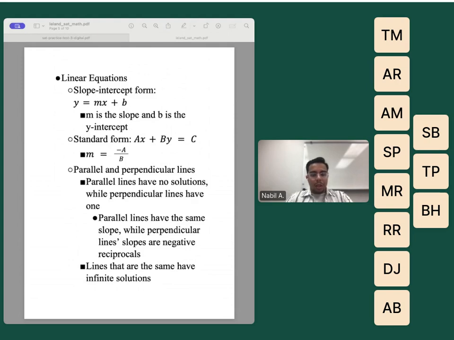For every increase in x by 1, y increases by the slope, or essentially y increases by m.